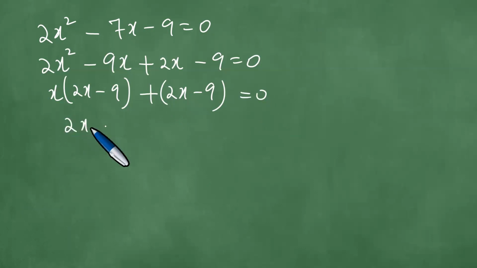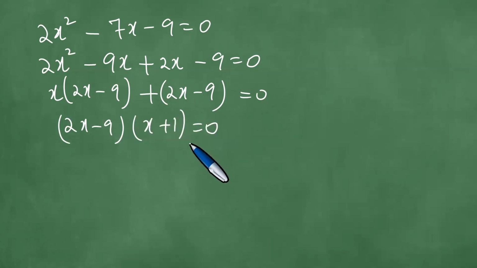Right, so this is (2x minus 9)(x plus 1) equals 0. So what is the meaning of this? Right, so we continue.